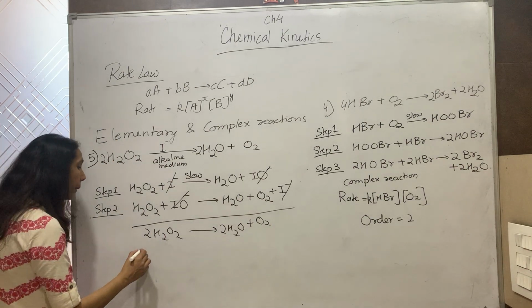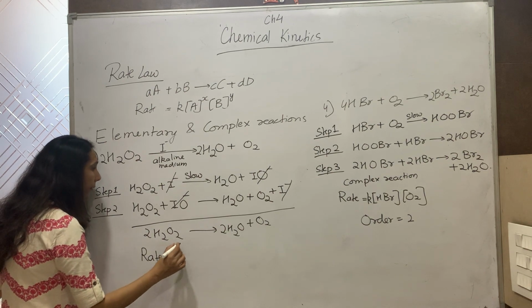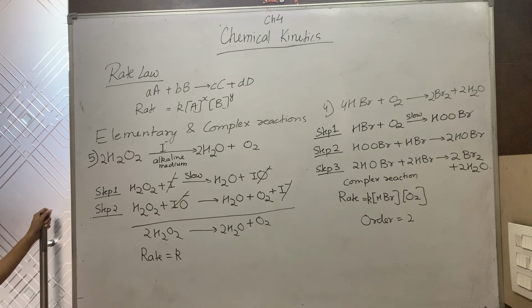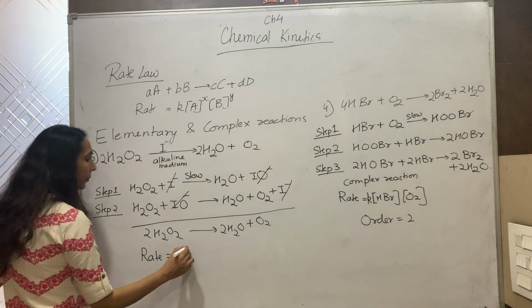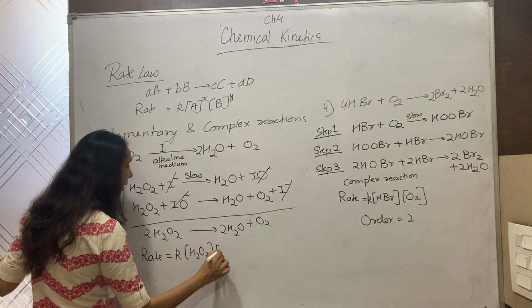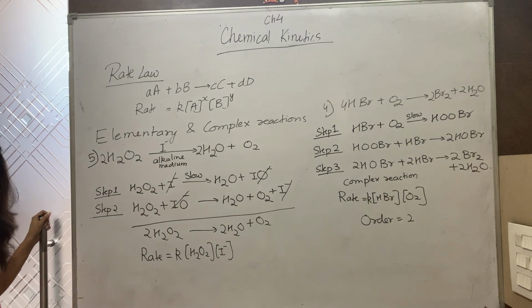Now, when we write the rate law, we find that rate law is written on the basis of the slow step. Slow step is the first step. In the first step, the reactants H2O2 and I negative are involved. This is the rate law.